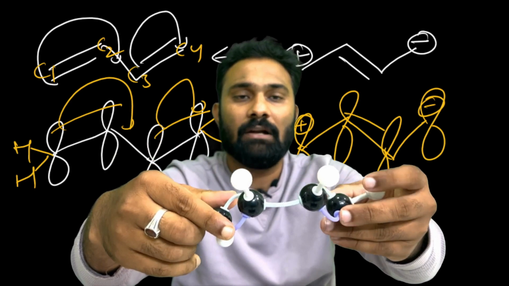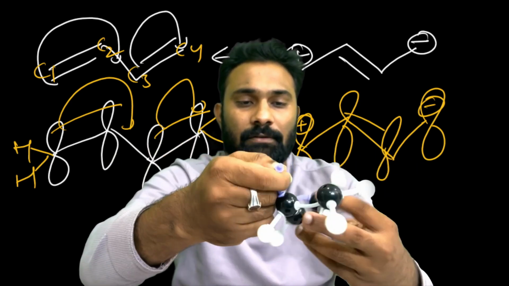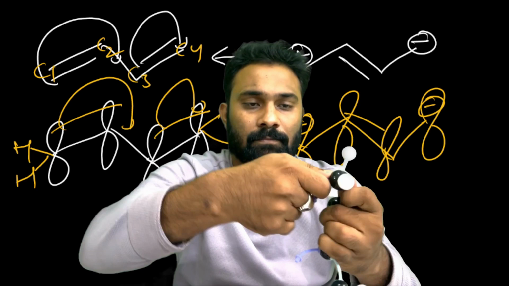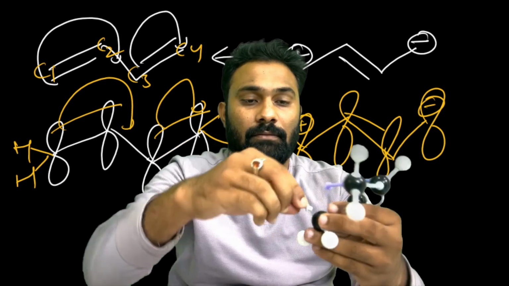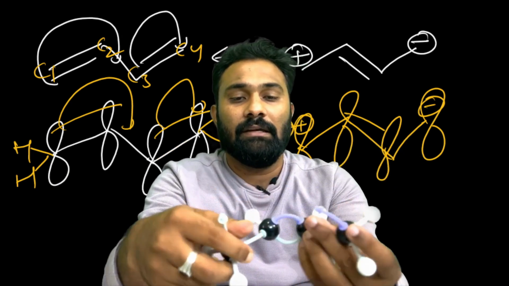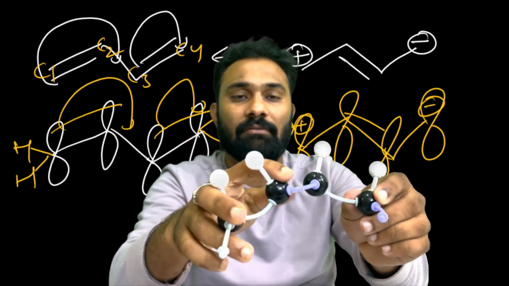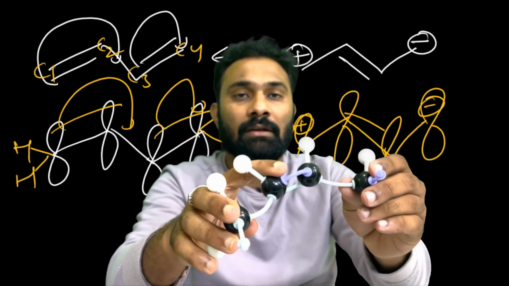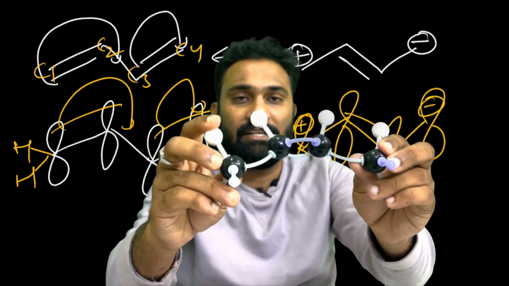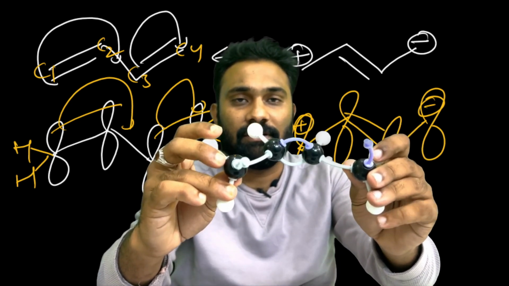When these are parallel, now if this pi bond is delocalized in this manner, you can see this carbon got the positive charge, the middle carbon has the carbon-carbon double bond, and this carbon got one negative charge, clear. In this manner the delocalization will happen in the pi and pi conjugation, clear.